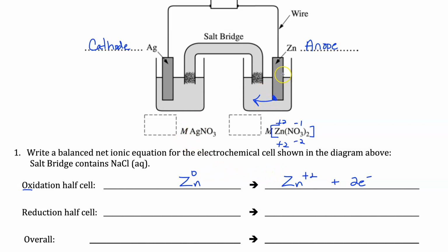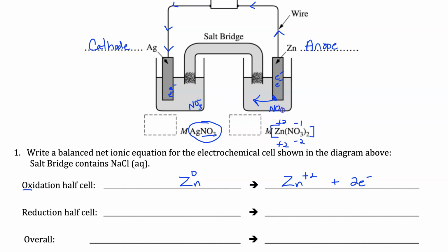Okay, who gets reduced? Well, electrons get pumped or pushed by the zinc, and they get pushed always to the cathode. Electrons always flow from anode to cathode, and these electrons build up. Already in solution, I have silver nitrate. Well, as we saw in the table, nitrates are always soluble, which means, yes, you're going to have nitrates. And I need to write all the ions, and I'll do this on this side.